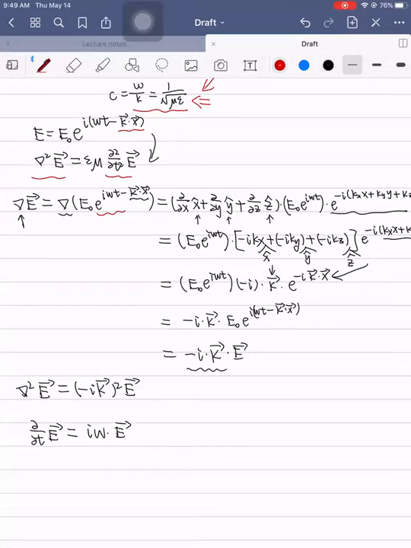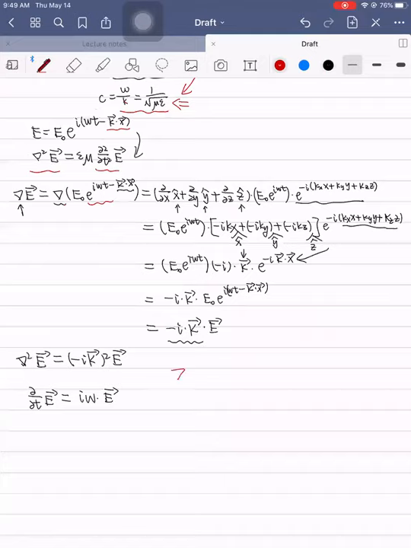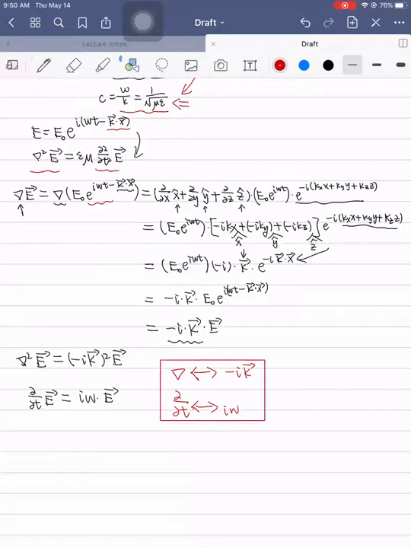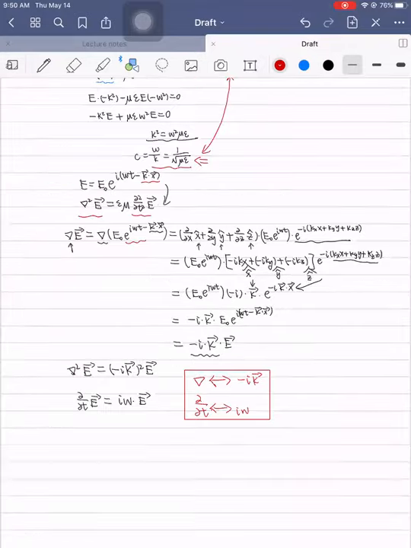So to summarize, the Nabla operator is equivalent to multiplying by minus ik, and the time derivative is equivalent to multiplying by i omega. These two will help us to simplify the Maxwell equations and to find the relations between the electric field and the magnetic field.